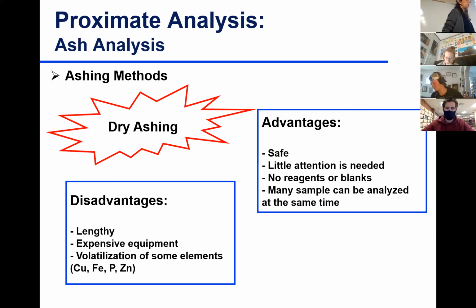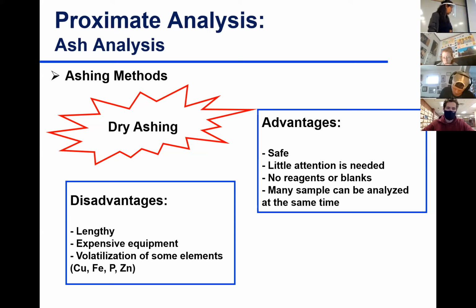Disadvantages, it's lengthy. Usually you need 8 to 12 hours to get all of your organic matter burned off. Initially, it's expensive, but once you have it, it's a workhorse. It stays functional for a long time.